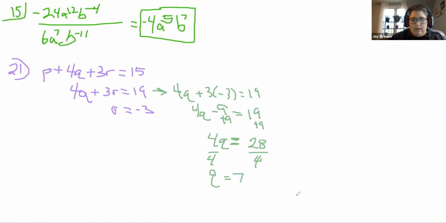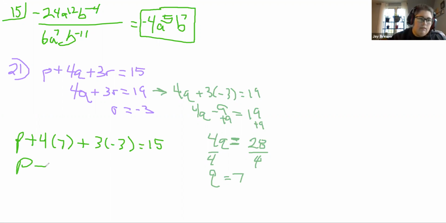Well, now that we have Q and R, we can actually solve for P. So then P plus 28 minus 9 equals 15.